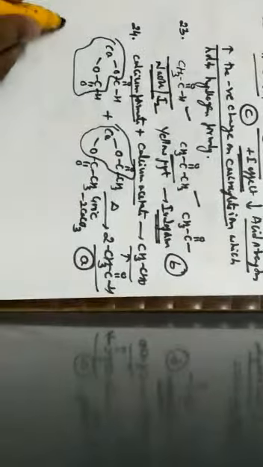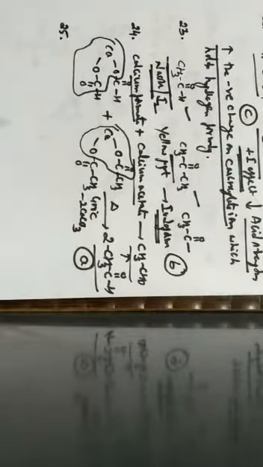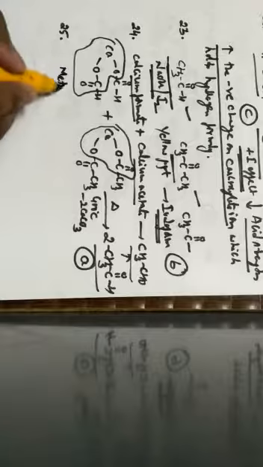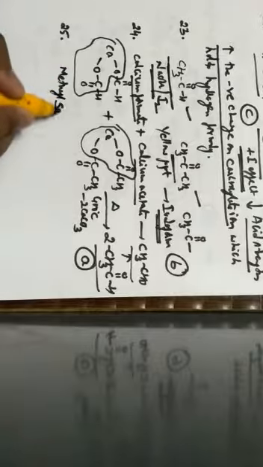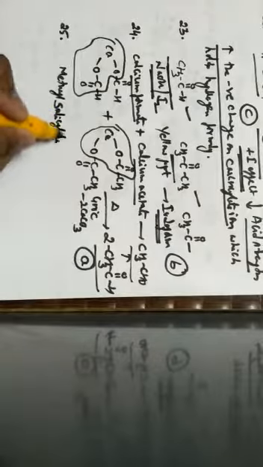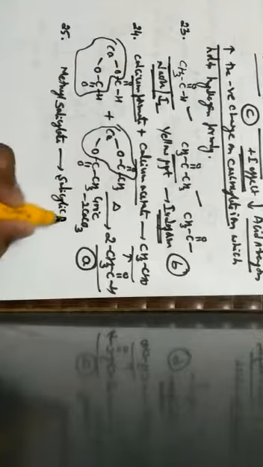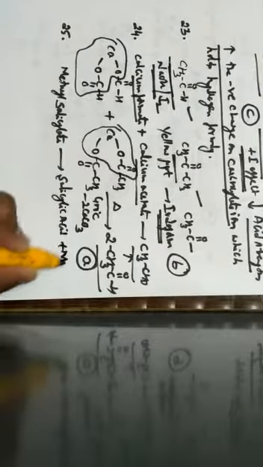Next one, question number 25. Oil of wintergreen is, so already we have discussed this. Oil of wintergreen is nothing but what? It is methyl salicylate, where this methyl salicylate is obtained by the action of salicylic acid along with what? Methanol.